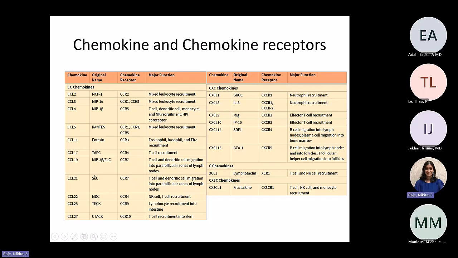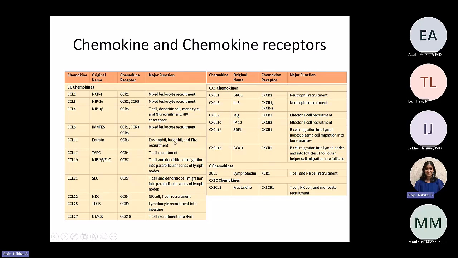And some of these are really important in how the cells function or where they go. So, for example, eotaxin, TARC, you guys are well aware of these, some of these chemokines that are important in allergic diseases.